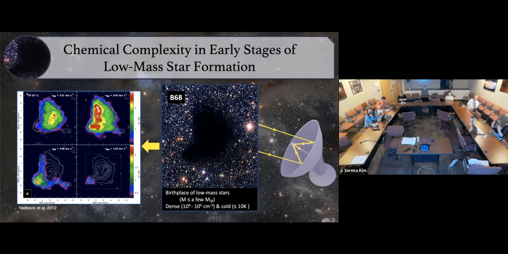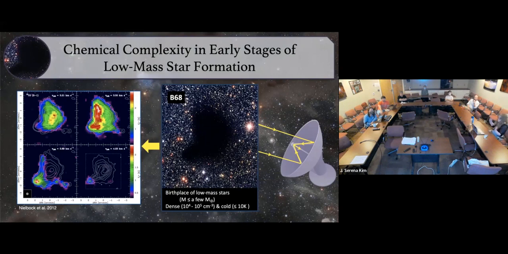It's very dense and cold, so we use radio telescopes to probe this cold and dense matter. And you can see that there's not nothing there; it's bright in molecular gas and dust. These are images of the molecule 13CO that is present in this starless core.